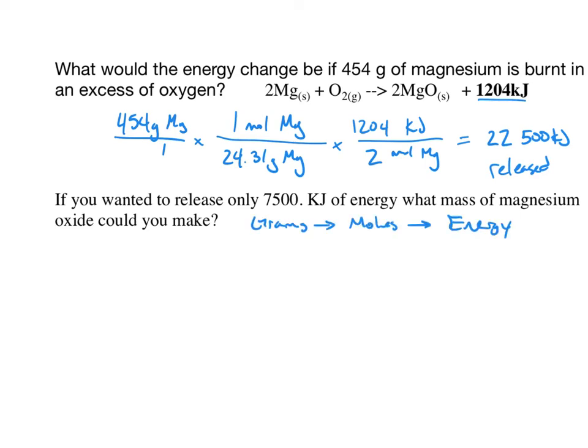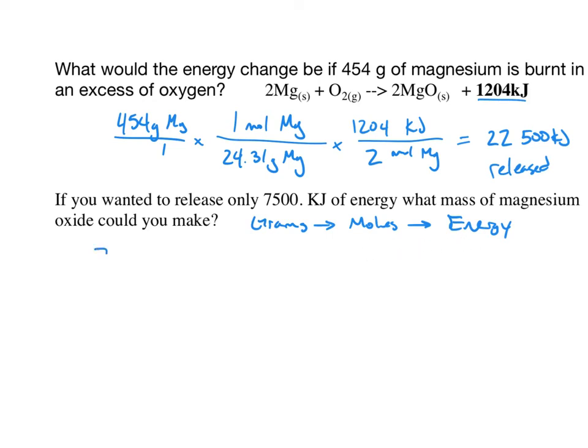But stoichiometry is a reversible process, and this second example is one where instead of starting with grams of a substance and converting to energy, you start with energy and convert back to grams, because it says what mass of magnesium oxide could you make with this much energy. So I'm going to think about this process in reverse. I'm going to take the energy and convert to moles.